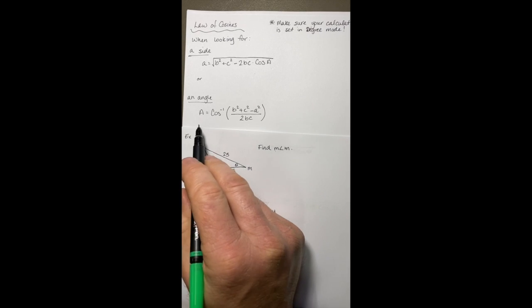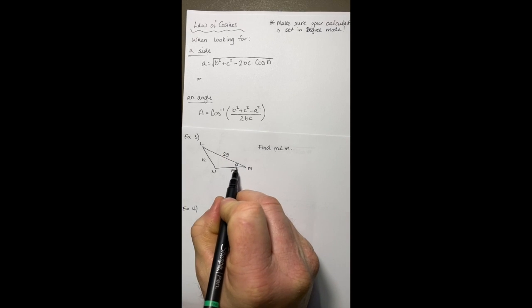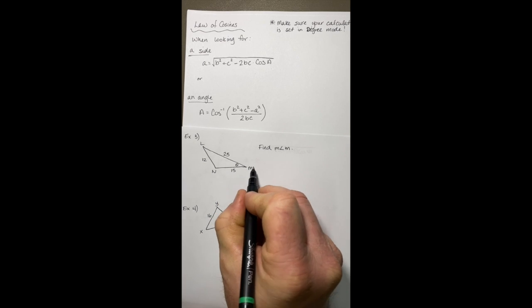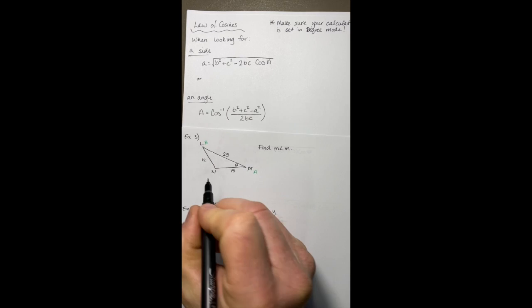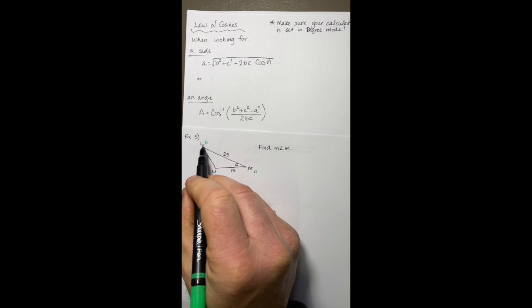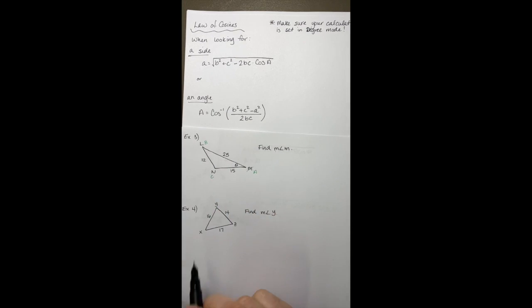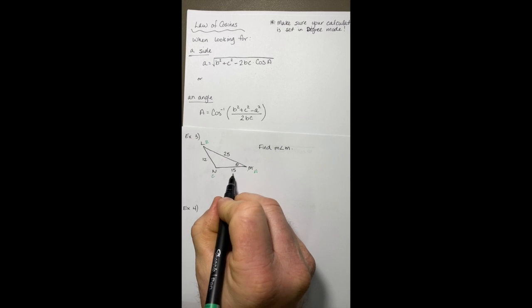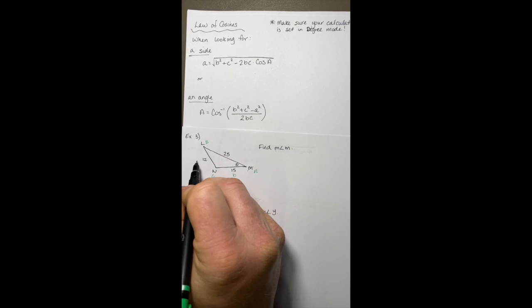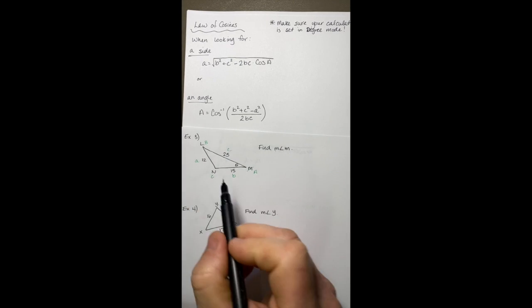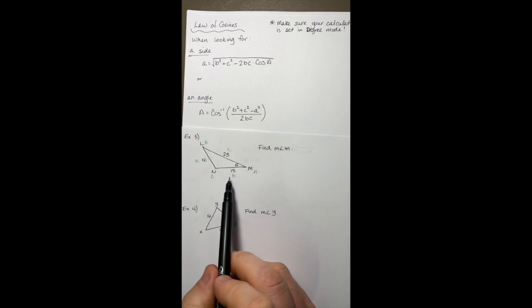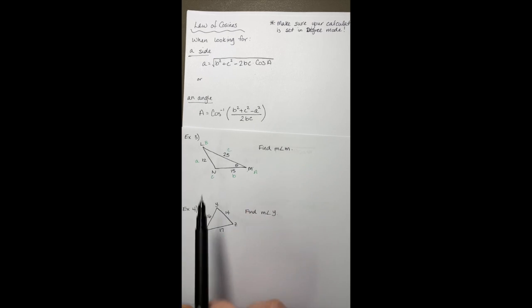So it's angle A, and that's what I'm looking for, this one right here. So I'm going to call that angle A. And then it doesn't matter, this can be B, this can be C. If that's B, this is little b. If that's A, that's little a, and if that's C, that's little c. So now we have our A, our B, and our C, and we can plug it in.